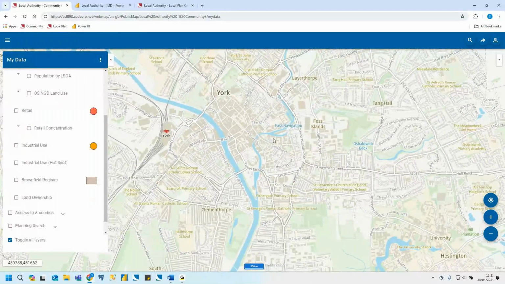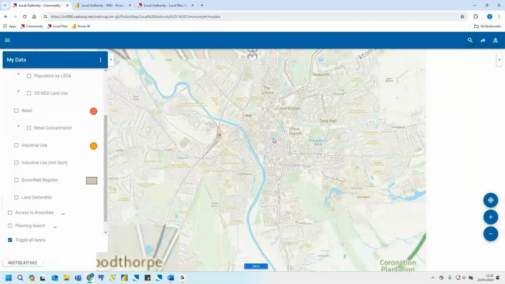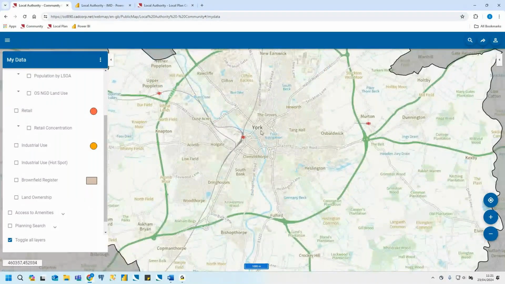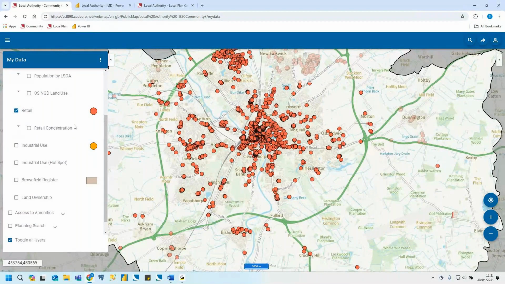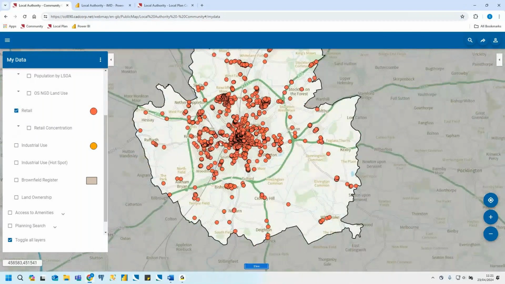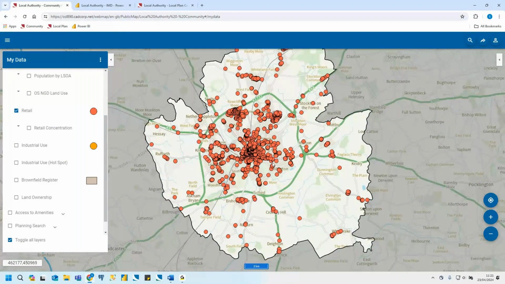You could potentially use other data sets to look at the concentrations of specific business types or economy. So here I used AddressBase to pull out all of the addresses classified as retail.